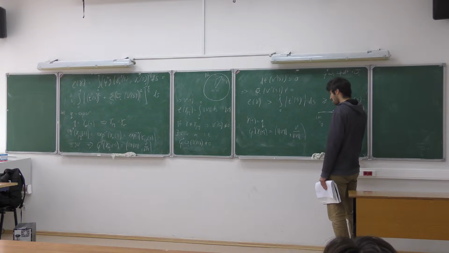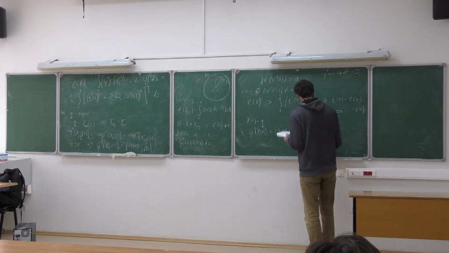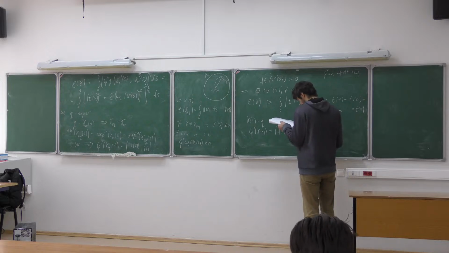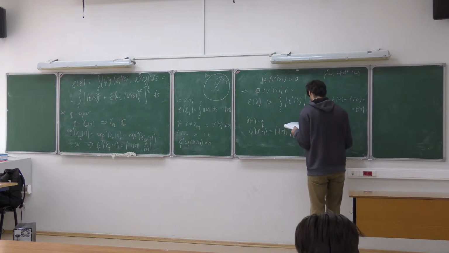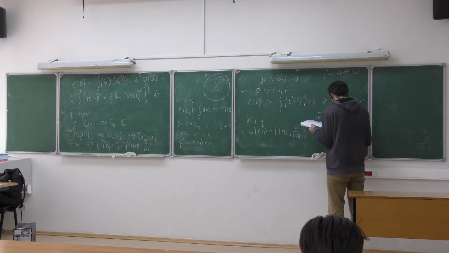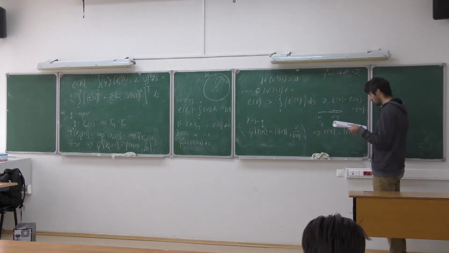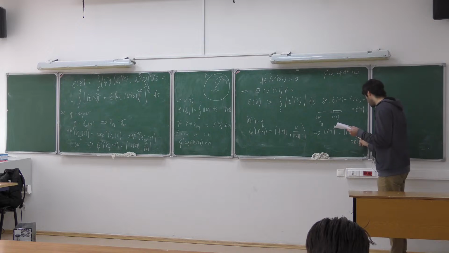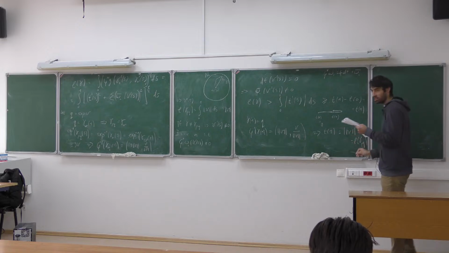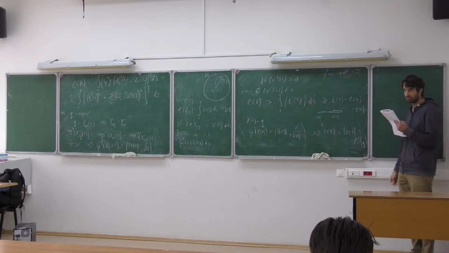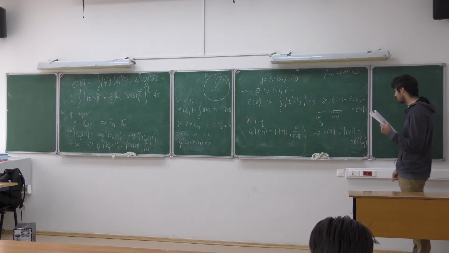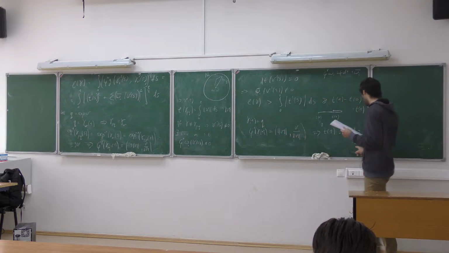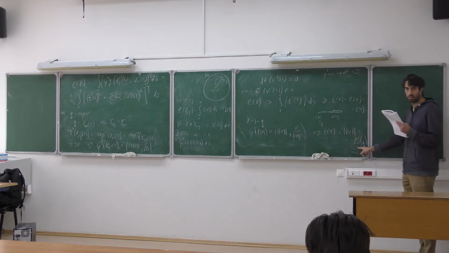Okay, now therefore I know that t of 1 is the norm of v, but we know that the norm of v is L of gamma pq. So therefore we get that L of gamma is strictly greater than L of gamma pq.